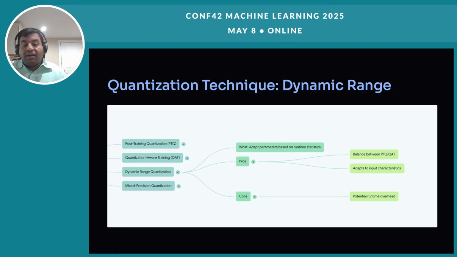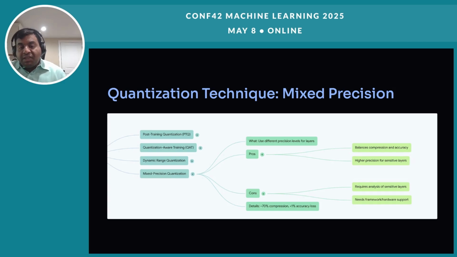It adapts to the characteristics of the input data being processed. It can also reduce memory bandwidth needs as activation ranges are determined on the fly. What are the cons? There can be a potential runtime overhead associated with calculating these ranges during the inference process because this runs on the edge, although often minimal on supported hardware.